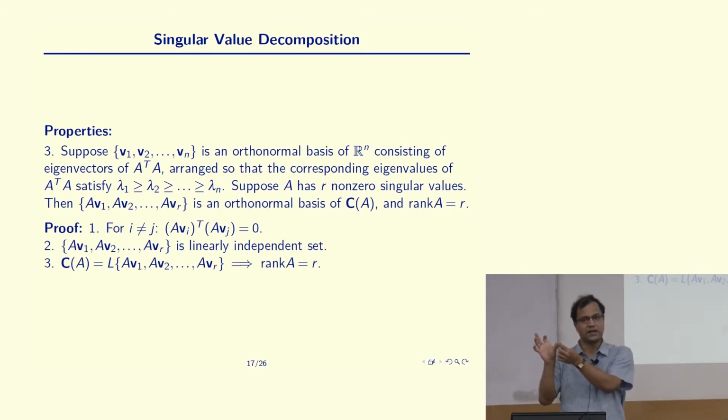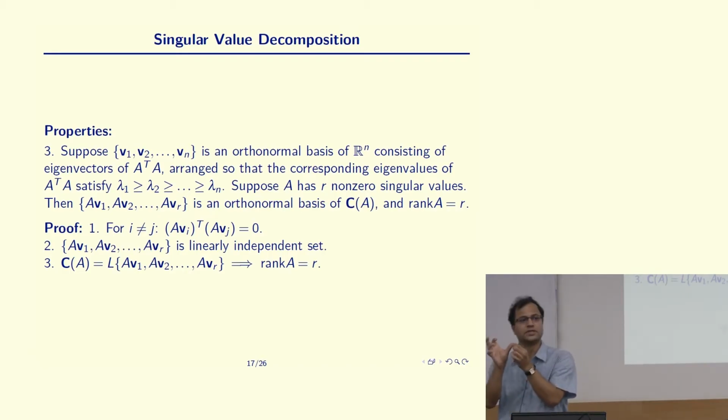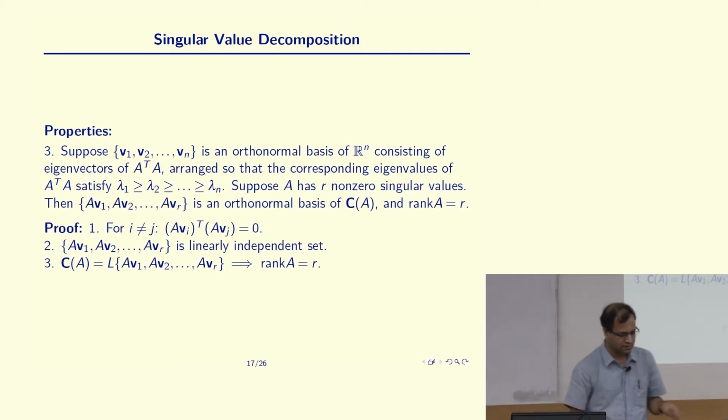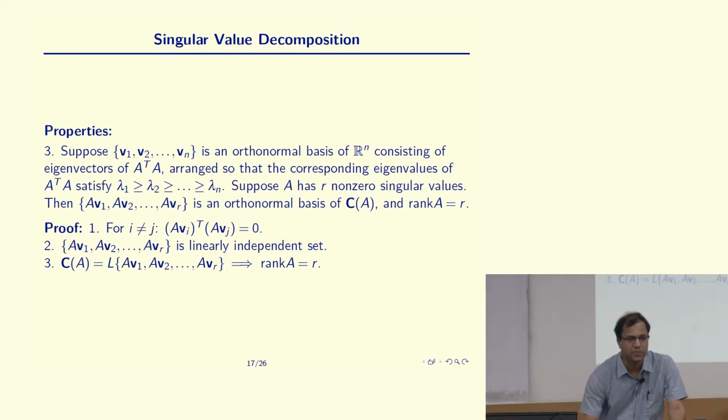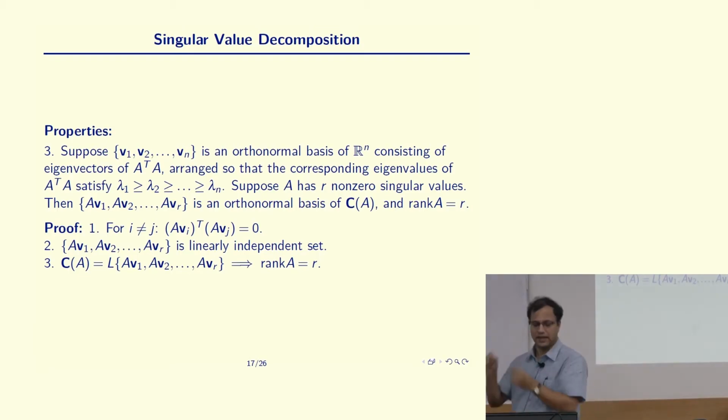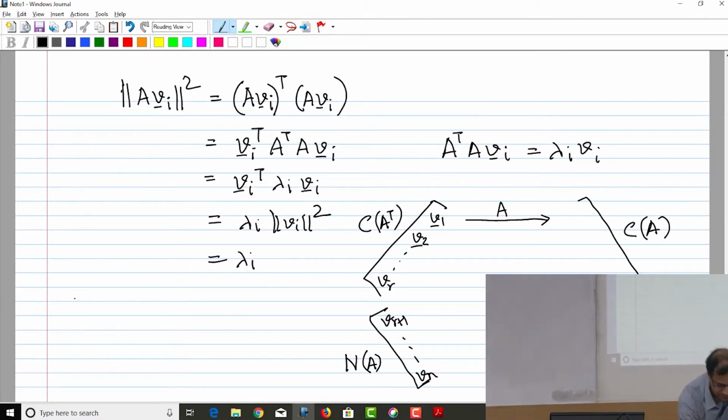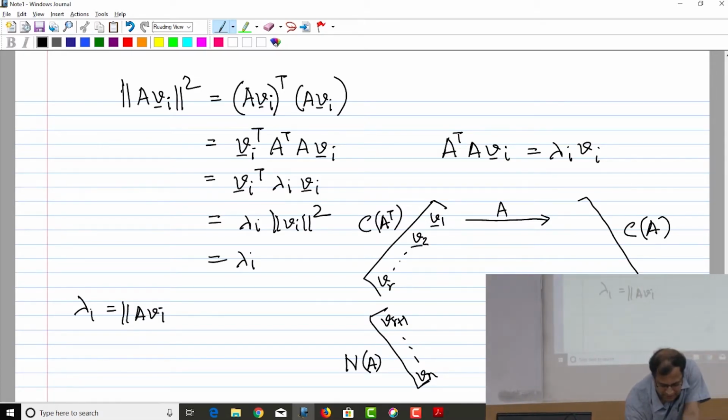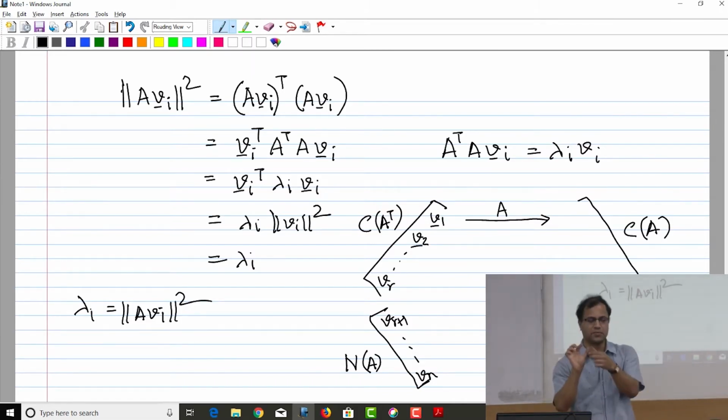The last n minus r AVis will have length 0, because these lambdas are actually the length of AVi. When some of the lambdas are 0, because we are getting those eigenvalues as 0, that means AVi is also the 0 vector, and so we are discarding those.